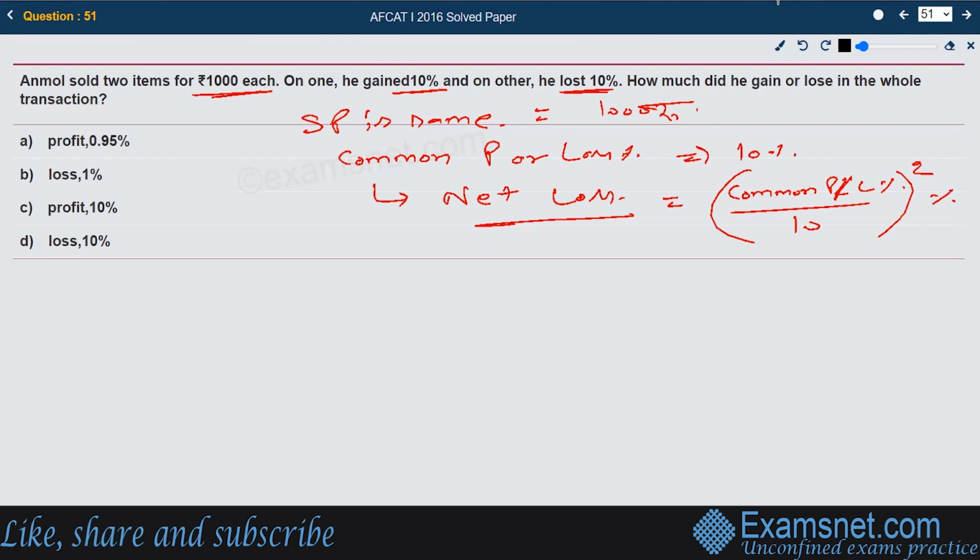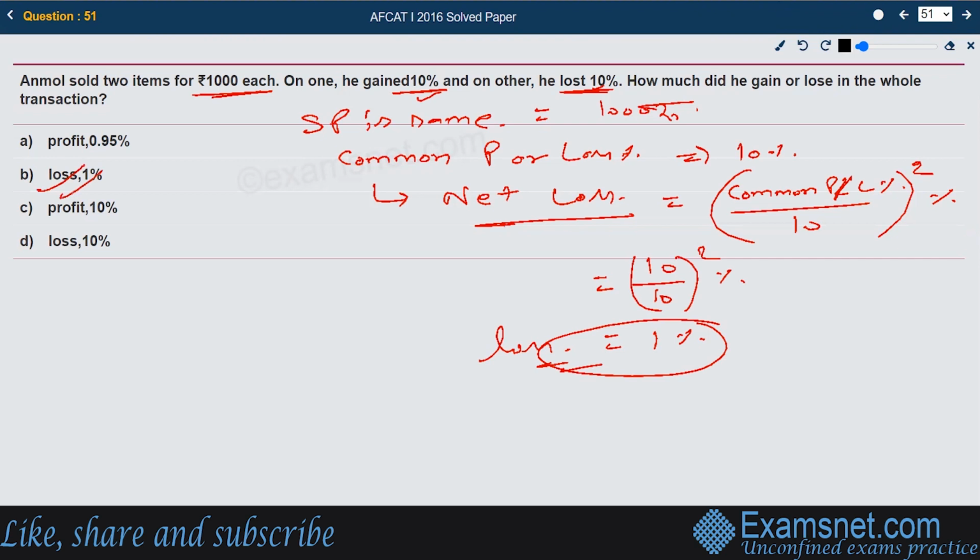So let us use it. The common profit or loss is 10%. So we can use (10 by 10) whole square percent. That will be the net loss. And this comes out to be 1 square, which is 1% only. So in this deal, he has suffered a net loss of 1%. So the right answer is option B.